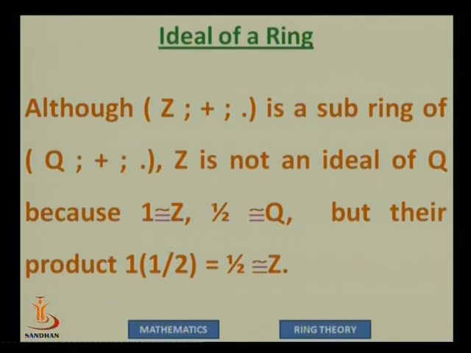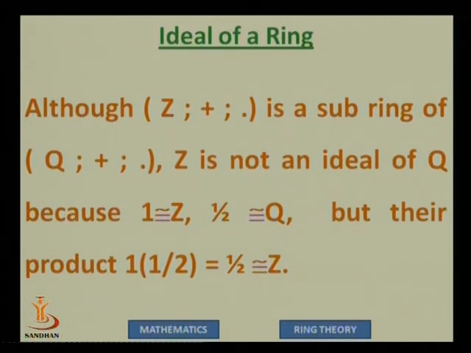We can have an example. Suppose 1 belongs to Z, 1/2 belongs to Q, but their product 1 into 1/2 is 1/2, which is not in Z. Okay, so ideal basically deals with this kind of a concept.